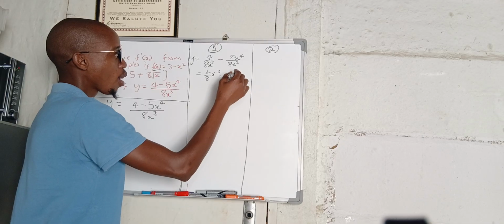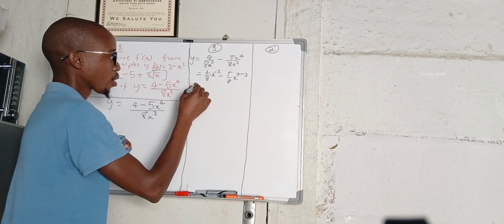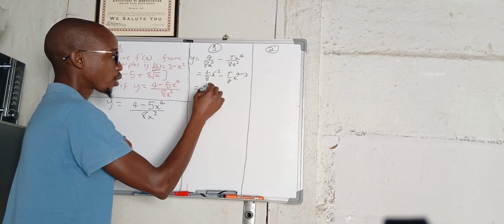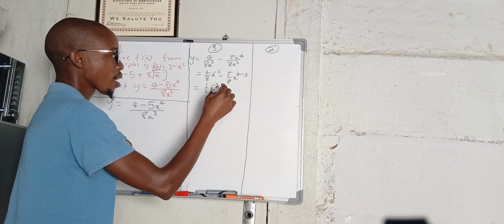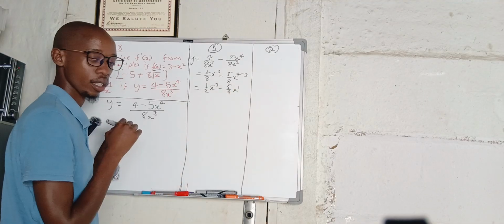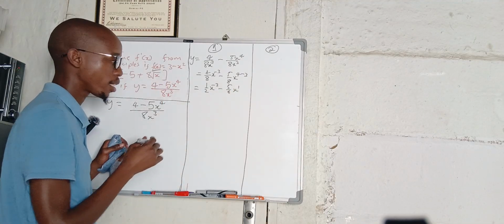I have x to the power of 4 minus 3, which will end up giving me 4 over 8 is 1 over 2, x to the power of minus 3 minus 5 all over 8, x to the power of 1. Now I can find dy dx.